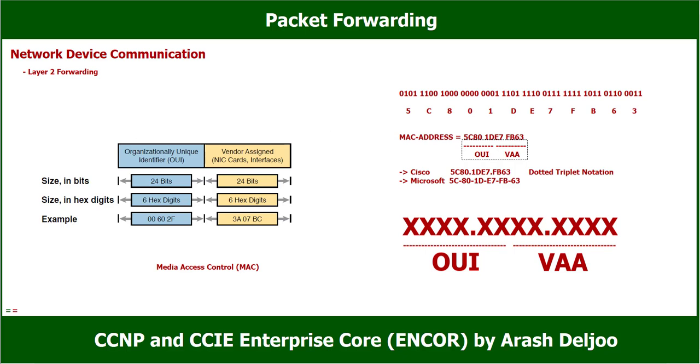Don't forget that the OUI is the unique identifier of each vendor. Because of that, the IEEE should assign each vendor a unique OUI. After that, each vendor can use different vendor assigned addresses, meaning different 24 bits of the vendor assigned address for each of its products. It is so easy.